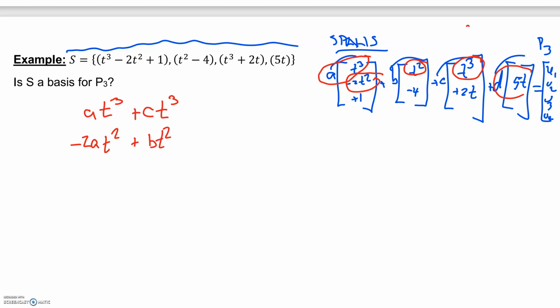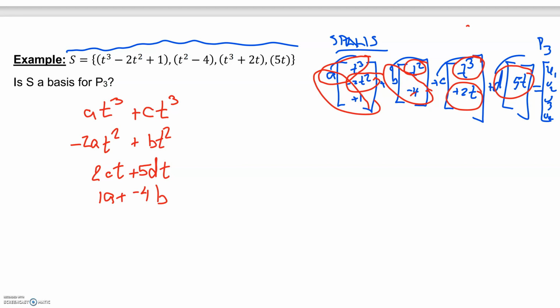And in our t terms, we have 2 CTs plus 5 DTs. And in our constant terms, we have 1A plus a negative 4B.